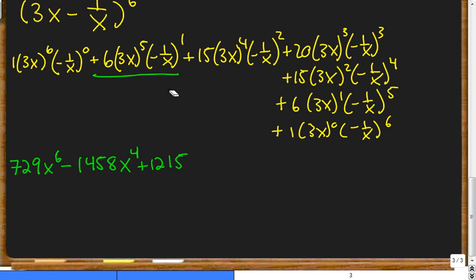So we get 1215 x squared. And then because of the way that the minus is moving around, we are going to subtract now. So 27 times 20 makes 540. So we're doing minus 540. All right, and the x's cancel because we have x cubed and x to the negative 3. So it's perfect, so it goes away.